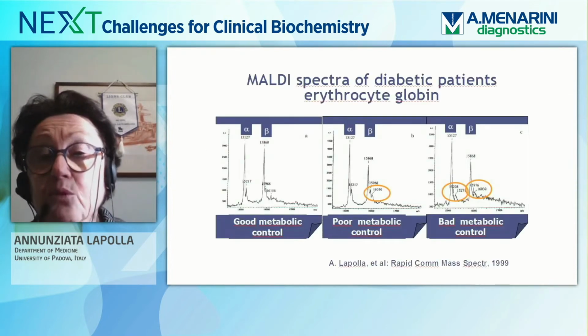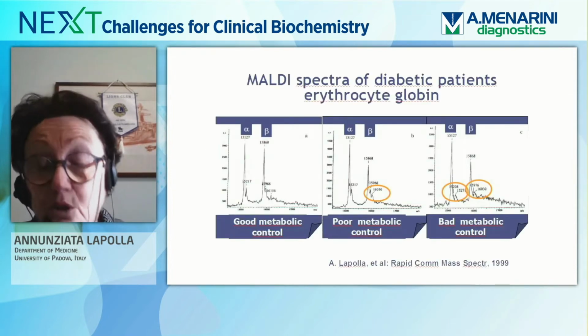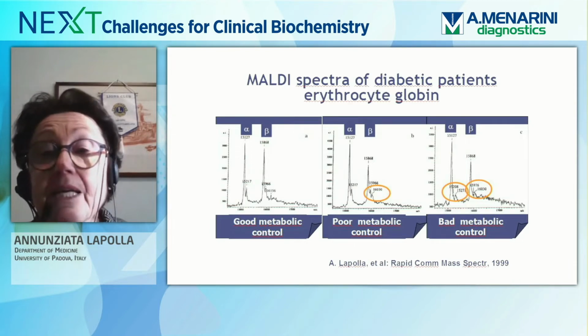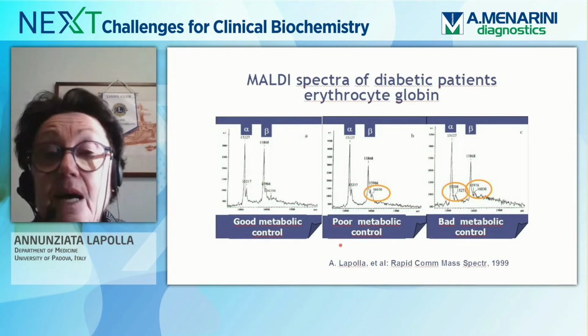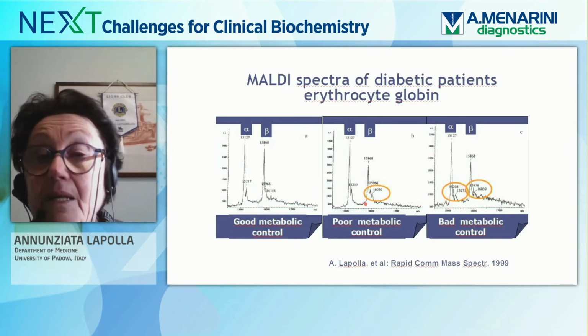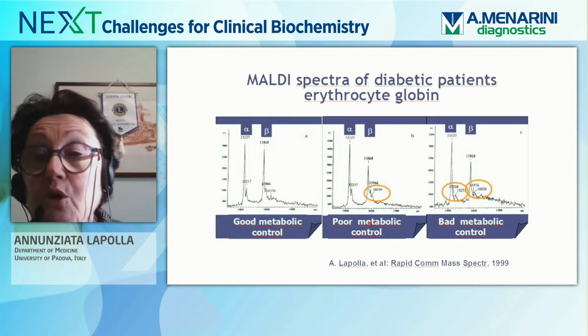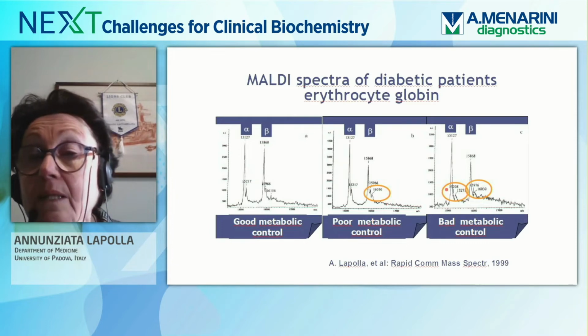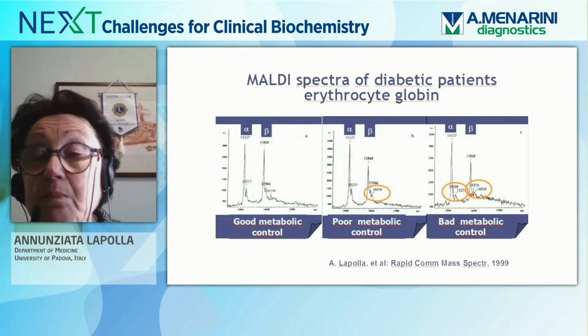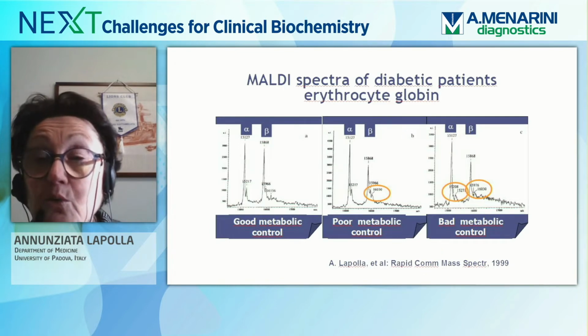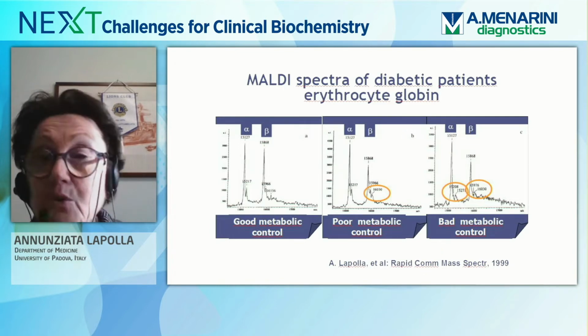In an attempt to evaluate glycation of alpha and beta globins with the mass spectrometry method, you can see that both alpha and beta globins are glycated. But when the metabolic control is poor or bad, there are other peaks. These peaks are due to oxidation products of glucose.